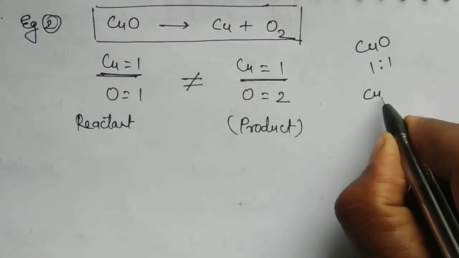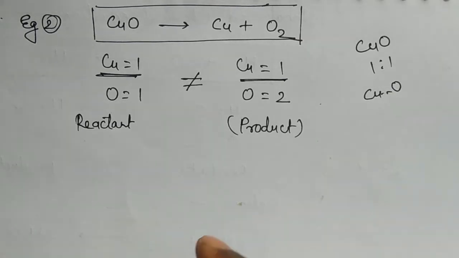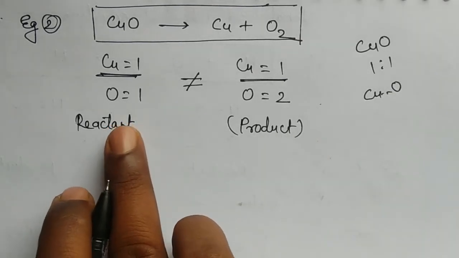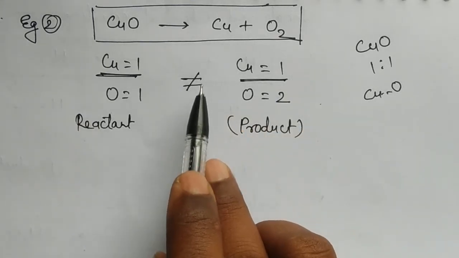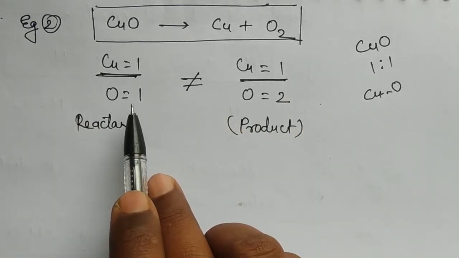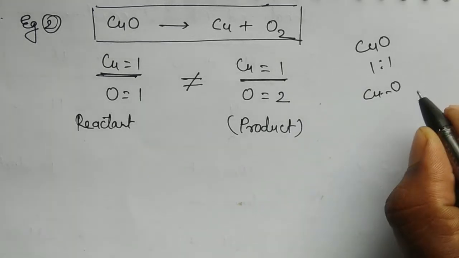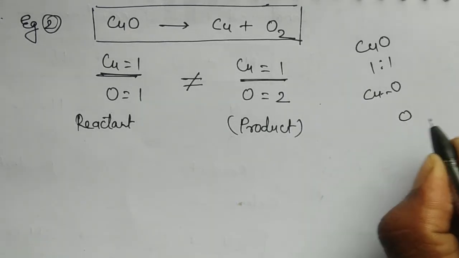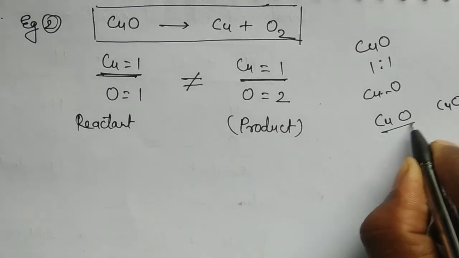If there is 1 copper, there is 1 oxygen. If we want to balance it, we cannot decrease the oxygen, so we have to increase the number of atoms for oxygen from 1 to 2. So if we have 2 oxygen, we need 1 more copper also.